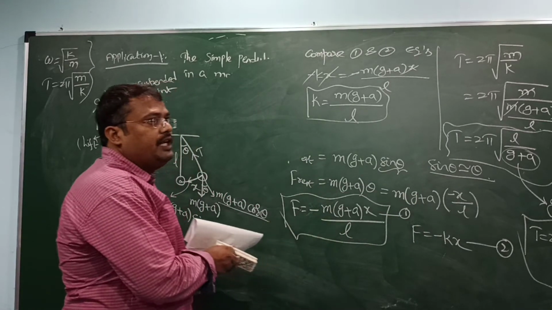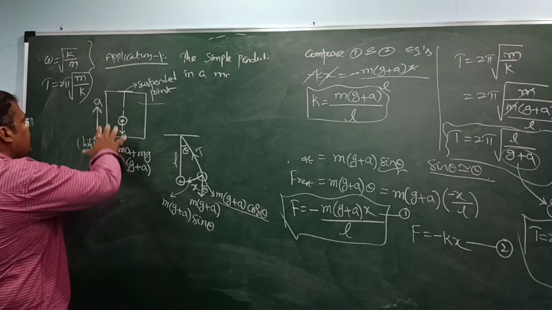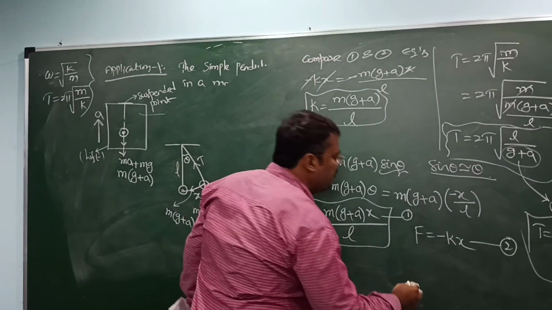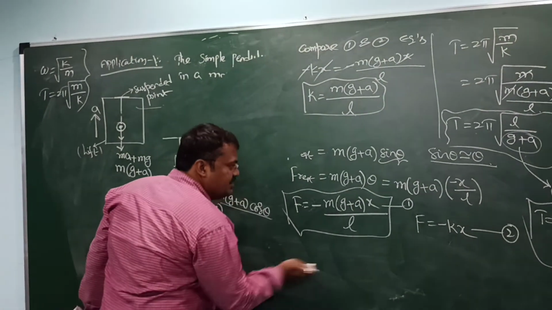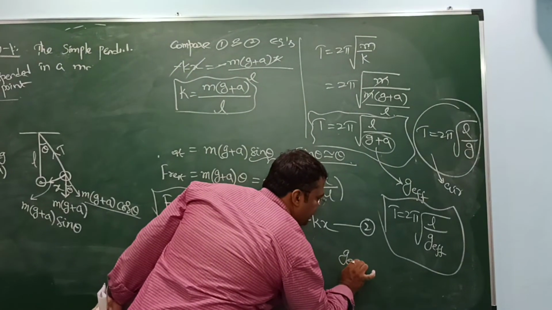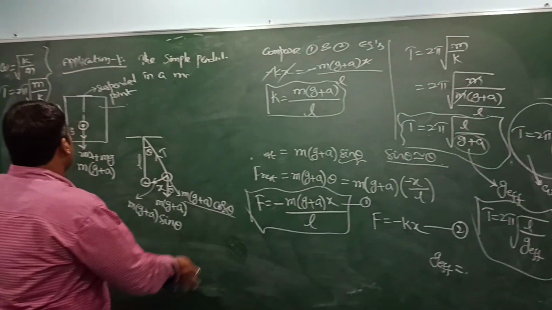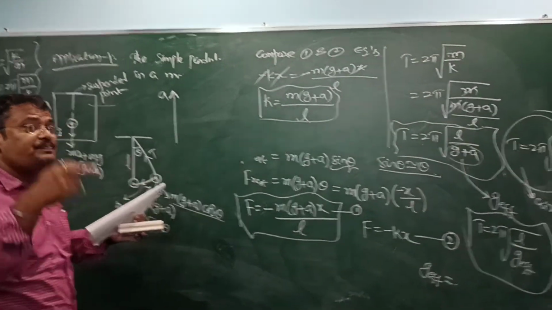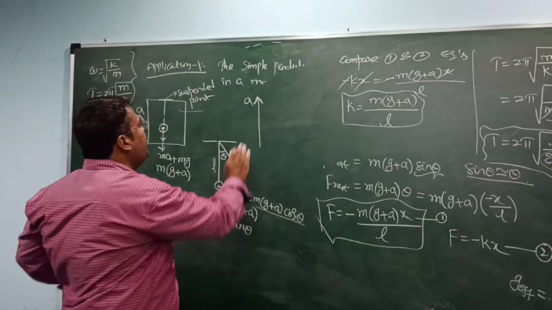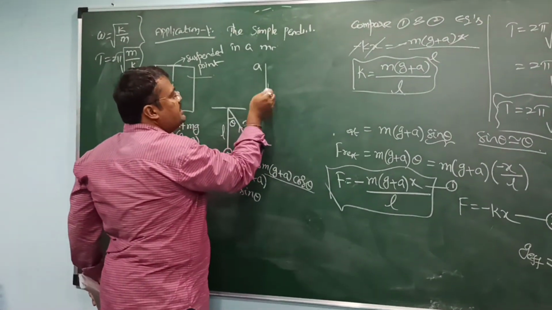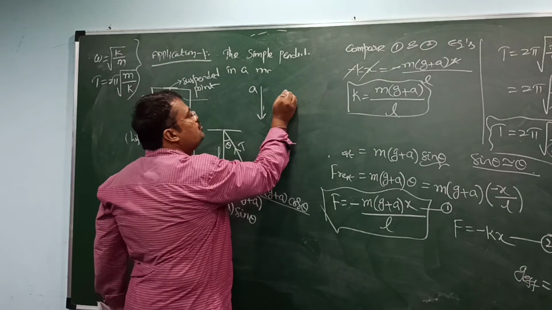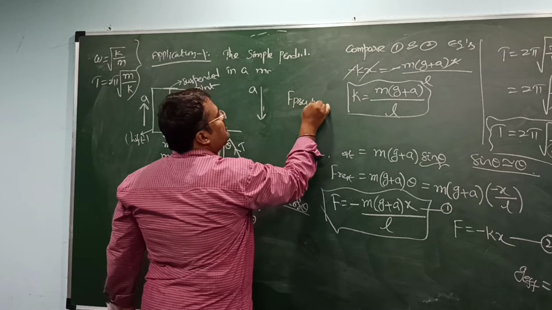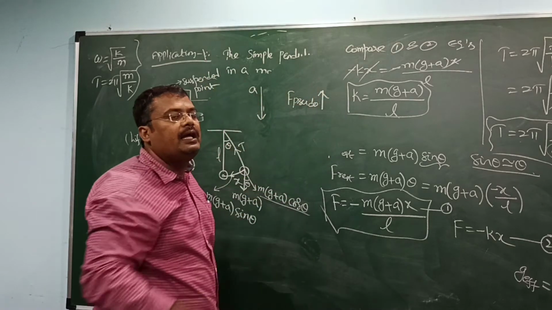Well, let us take the same system accelerating in the downward direction. When the system is accelerating downward, what about g effective? Whenever the total system is accelerating downward, the pseudo force acts in the upward direction on the bob.